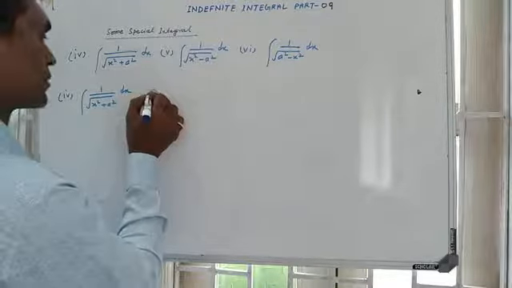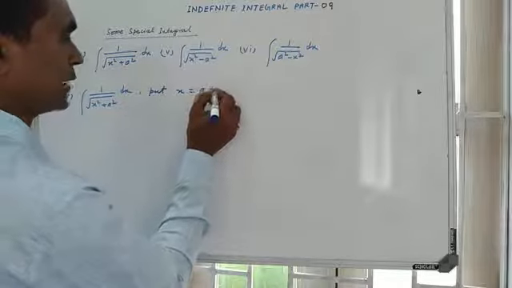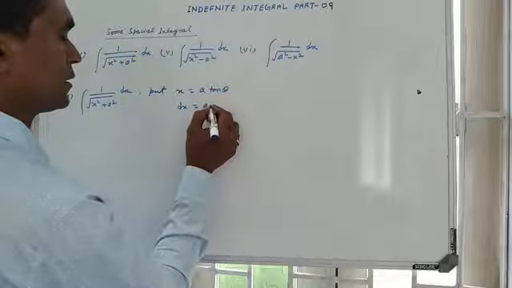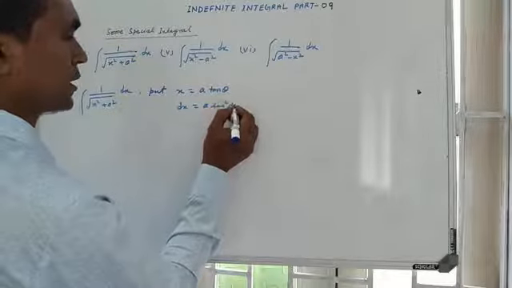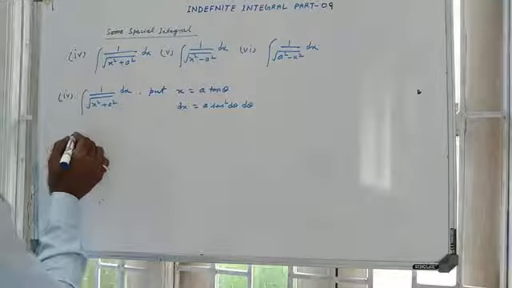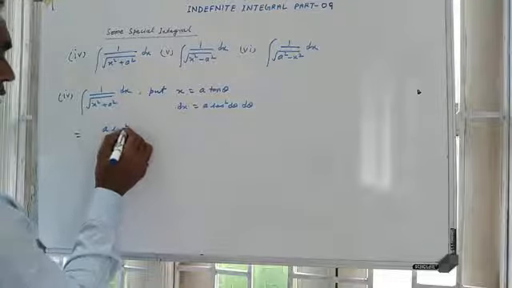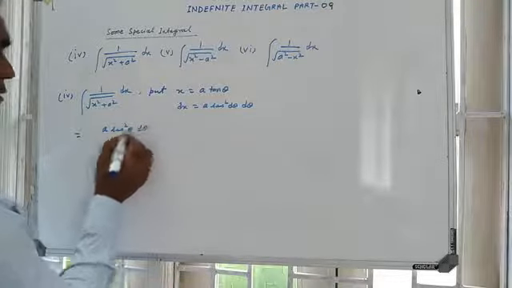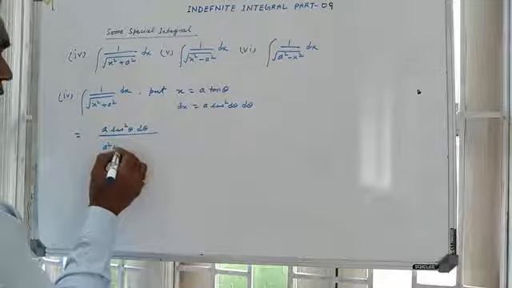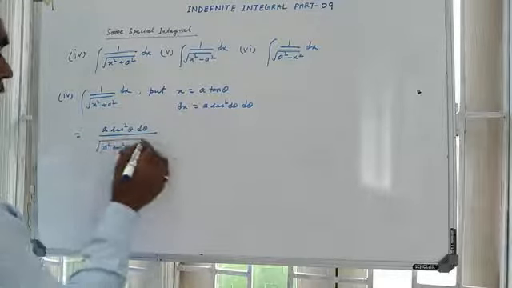So here substitute, put x equals a tan theta. Now dx will be a sec square theta d theta. So this will become a sec square theta d theta by root of a square tan square theta plus a square.